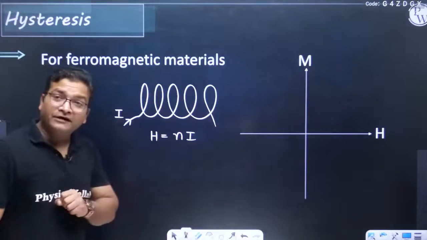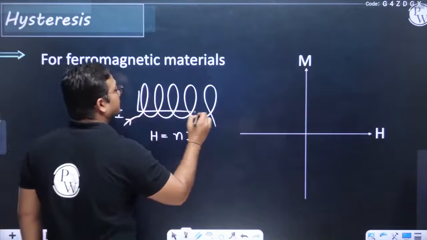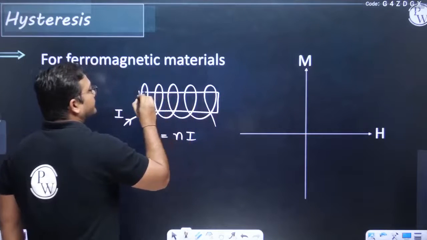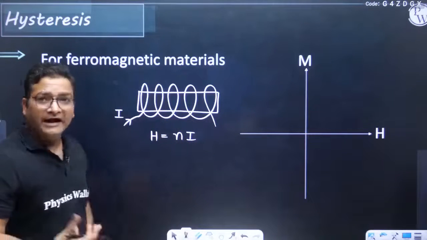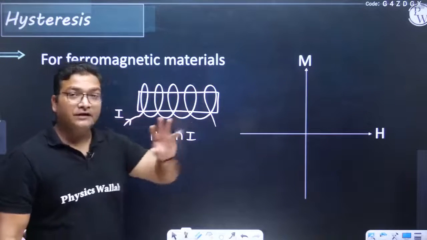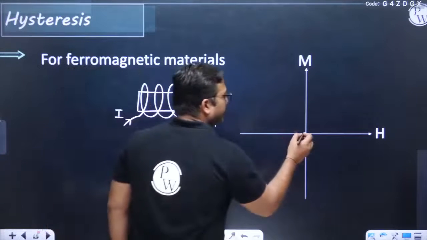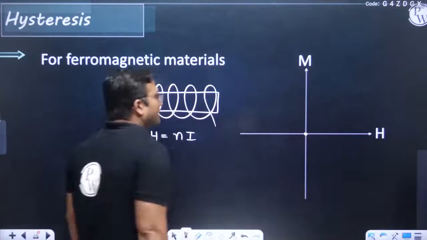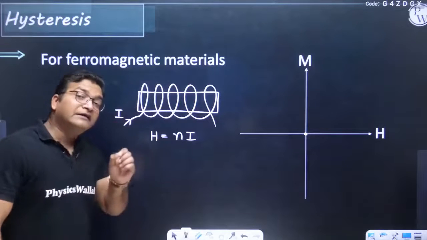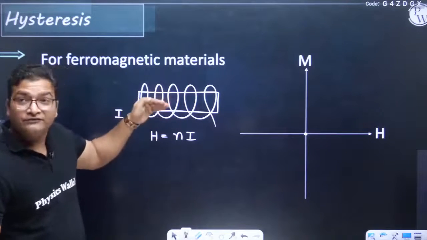Suppose initially the current is 0, so H is 0, and here we place a fresh ferromagnetic substance like iron, and the net magnetization in the iron is 0. So we have H0 and M0. Now when we slowly increase the current, the H field is produced.